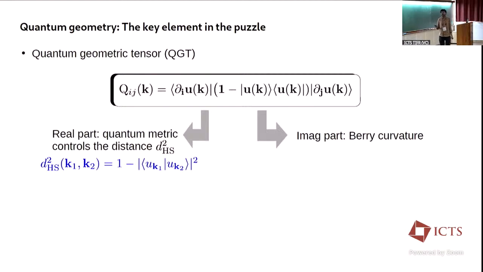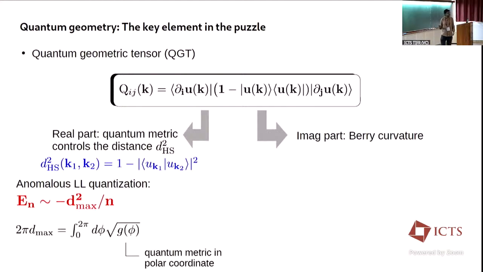One essentially talks about the stretching and the other talks about the twist in the Bloch bundle. From this metric, you can define a distance, called the Hilbert-Schmidt distance. It turns out that it is the maximum of this distance around the gapless point that gives you the prefactor for this anomalous scaling.